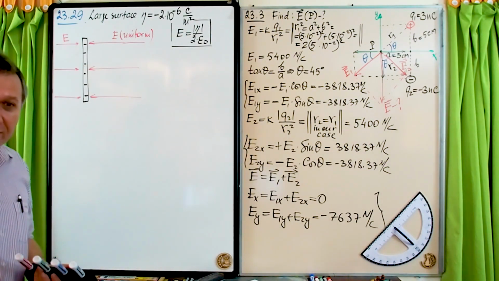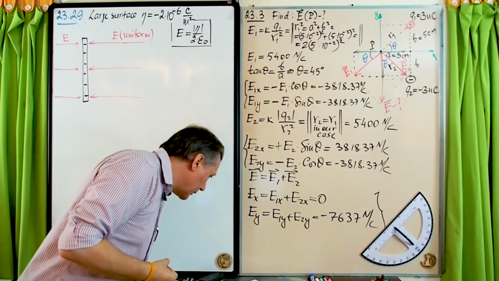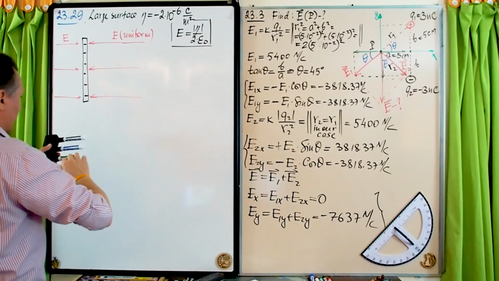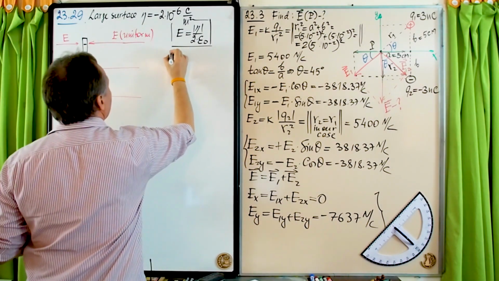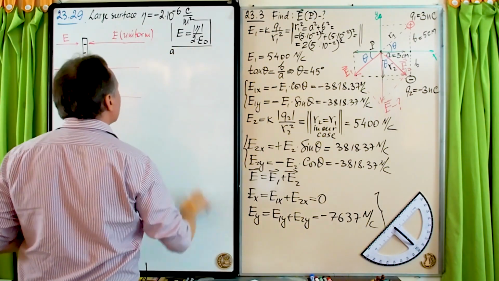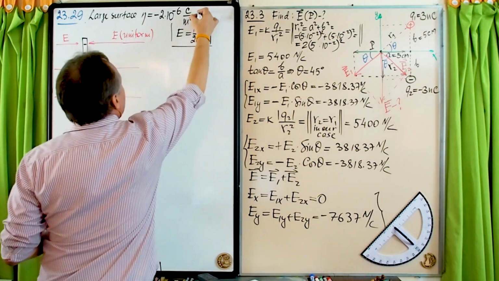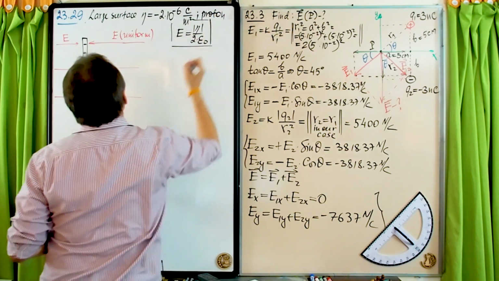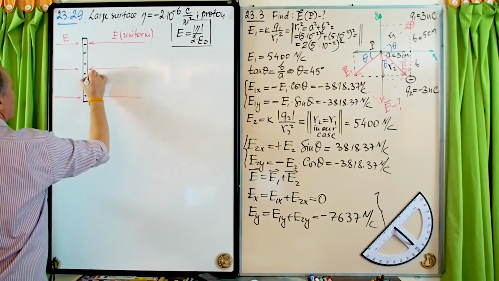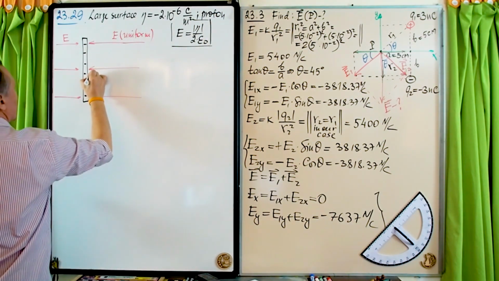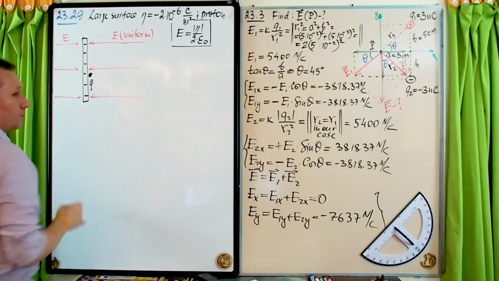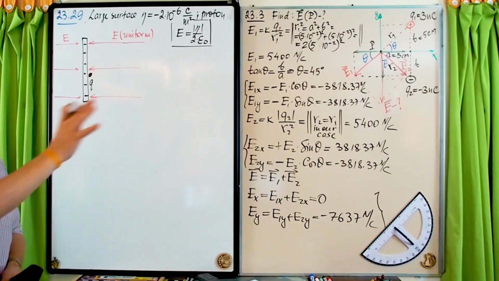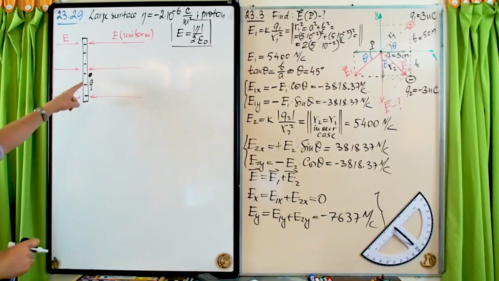Now the second part, let's take a proton. Let me write it here. Then second part, we have a proton. So maybe it's over here. Let's say charge Q, a proton, and it is shot away from the plate.